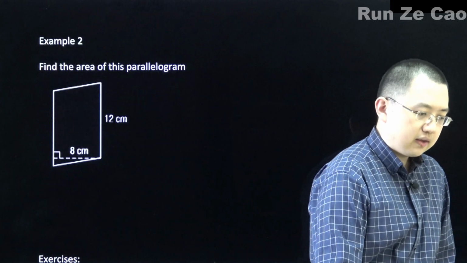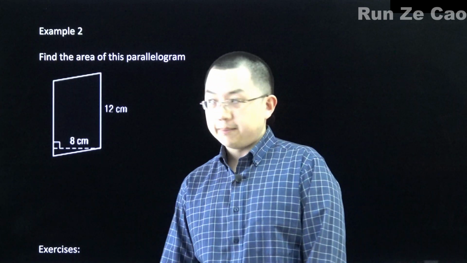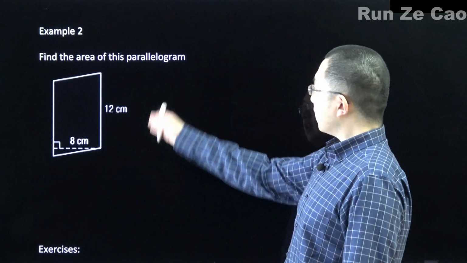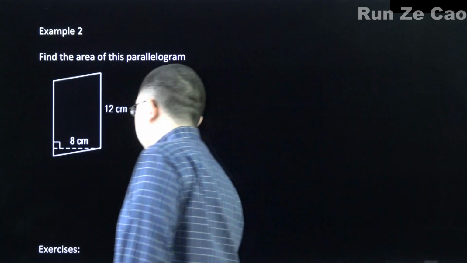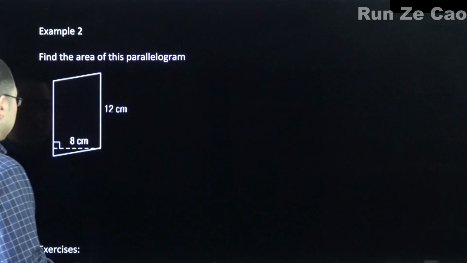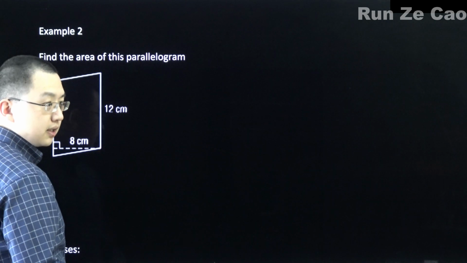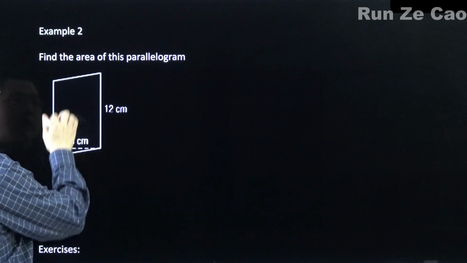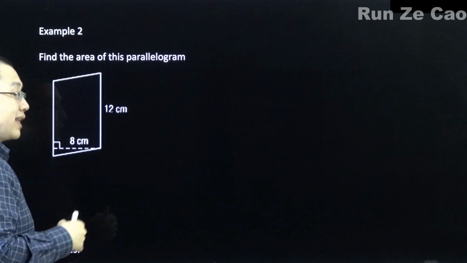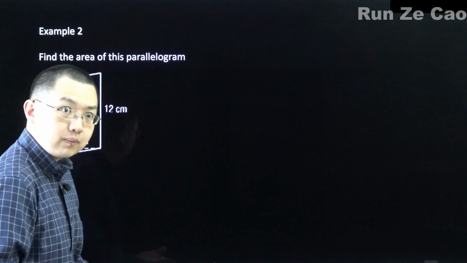Okay, now let's find the area of this parallelogram. It's 12 centimeters by 8 centimeters. You know why the formula for a parallelogram's area is base times height? Well, let's say we cut this triangle out and we move it up here. Oh, hey, we now have a rectangle.